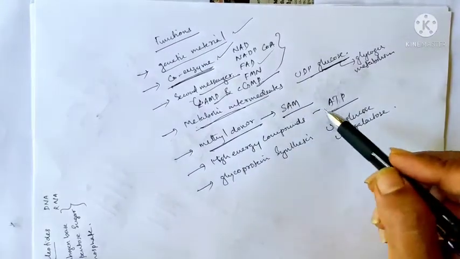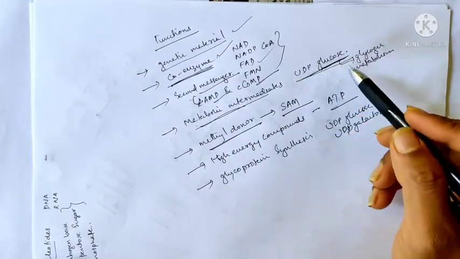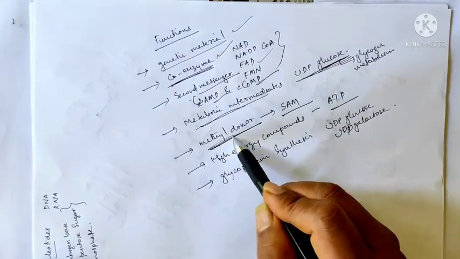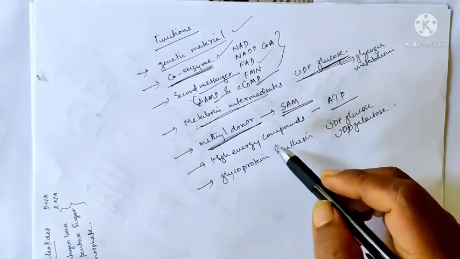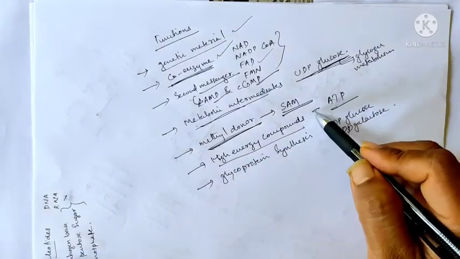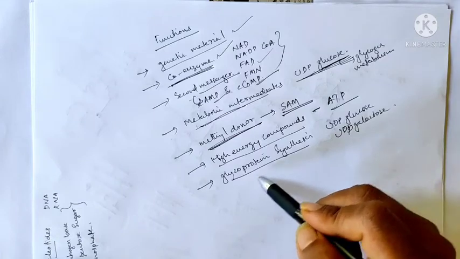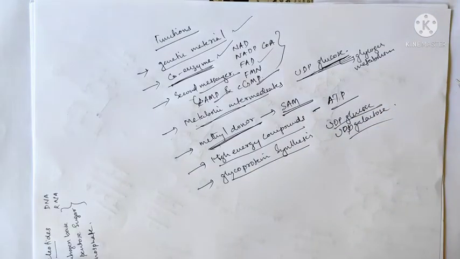Then it acts as metabolic intermediates; in glycogen metabolism, UDP glucose acts as a glucose donor. For many reactions it is a methyl donor, for example S-adenosyl methionine. Then high energy compounds, that is ATP, and it takes part in glycoprotein synthesis, for example UDP glucose as well as UDP galactose. Okay, thank you.